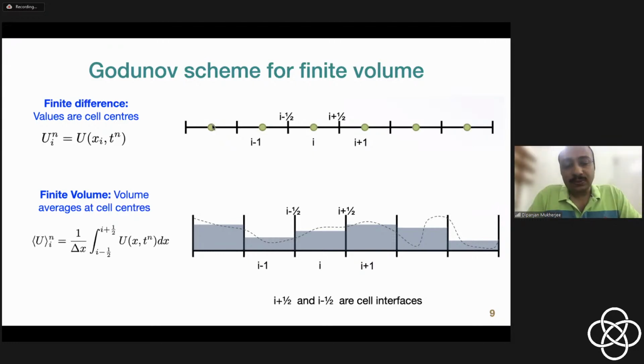But this center quantity is not exactly at the center, but this is a volume average quantity over this entire volume defined by these two vertical bars. So now you again discretize the space in certain finite elements, but your fluid properties are assumed to be volume averages within the system.